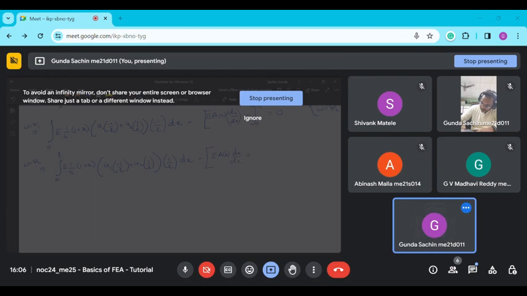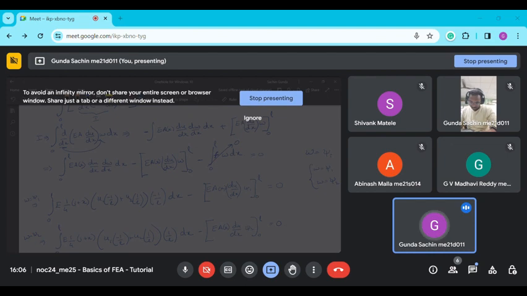Let's keep this as it is for now. Here we can segregate these terms, or else we can solve them.